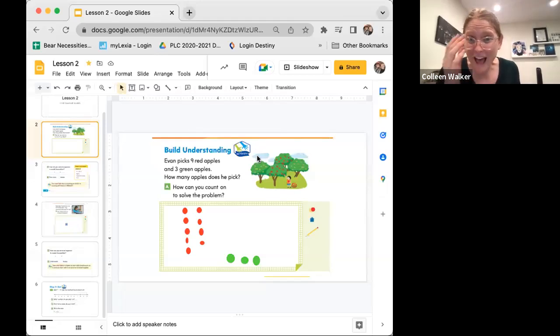So I thought it would be helpful if we went back and looked at what we drew to figure out the problem as we do this turn and talk. So go ahead and turn to your adult and share with them, how do you think counting on is similar to counting all? And how is it different? You can pause now to talk about it.